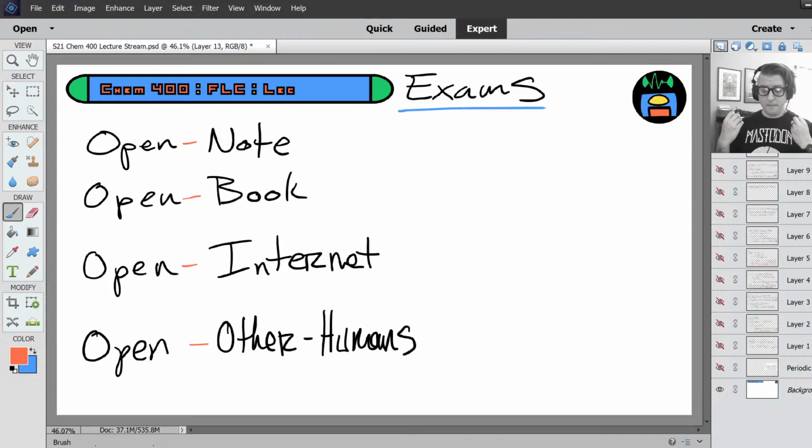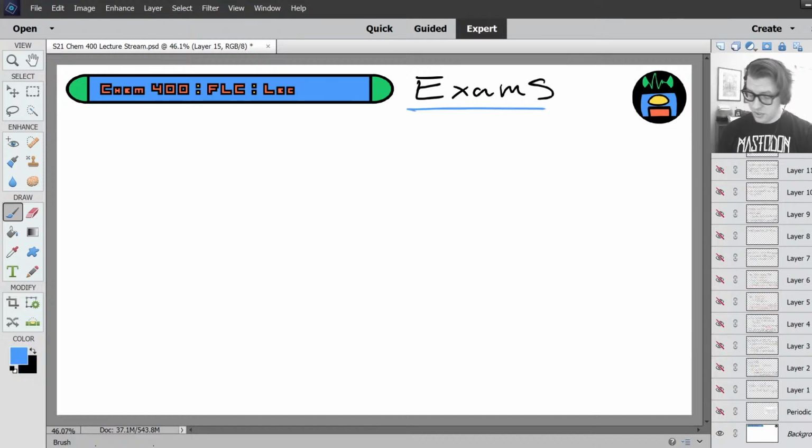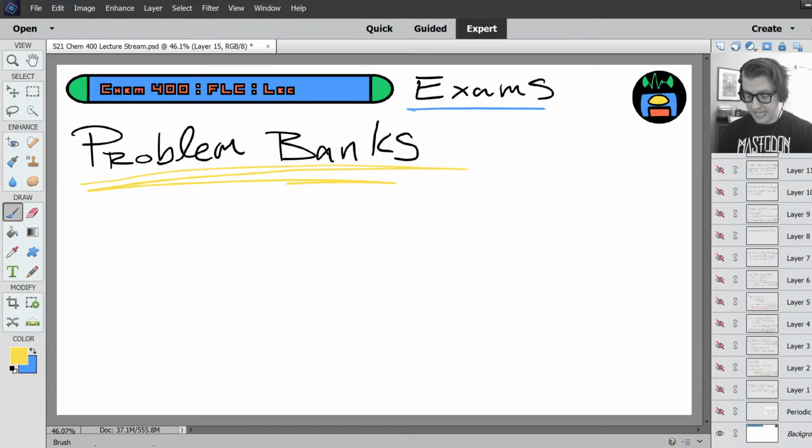All right. The other thing that I use on my exams are problem banks. This is a way of ensuring that each student's exam is unique.